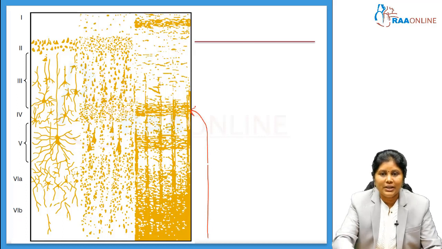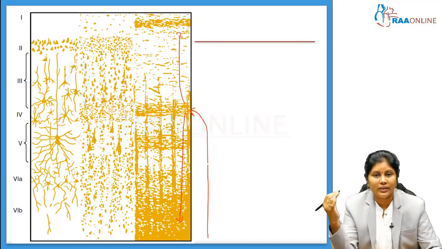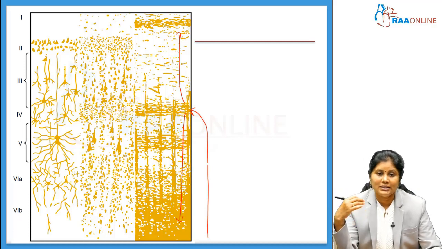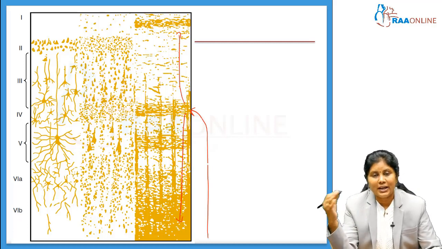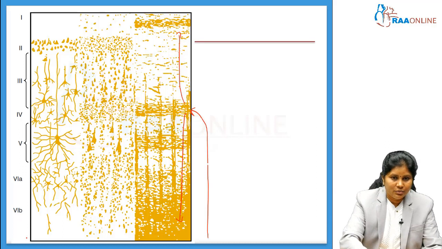From layer 4, the information can ascend upwards or downwards and undergoes a lot of integration among the different layers of the cortex, its meaning is deciphered, and a lot of intercortical transfer of information takes place, and finally we perceive the different senses differently. So this is regarding the sensory information.